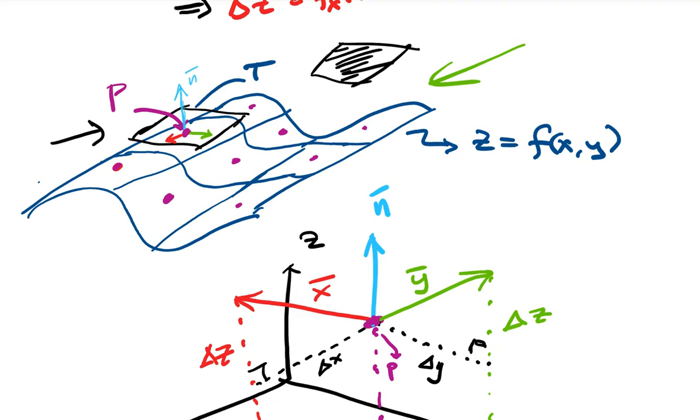Now, as a little trailer to this, the tangent plane can be formed using 2 vectors. A plane can be formed using 2 vectors.